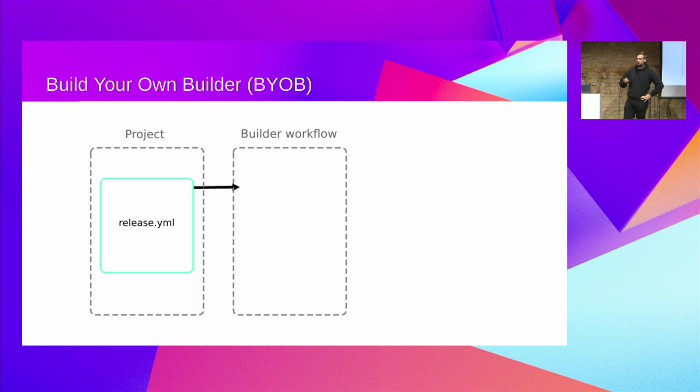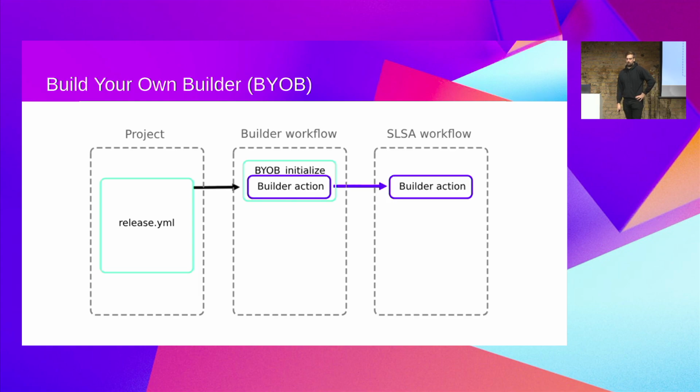Instead of first building and then later building the provenance, they now interact only with a builder workflow that does both things. So the builder workflow primarily takes two steps. It initializes the BYOB, and it does that by passing along a builder action such that the BYOB SLSA workflow knows how to build the project. So when initializing, the builder workflow passes along a build action to BYOB, and the BYOB backend remembers that for later.